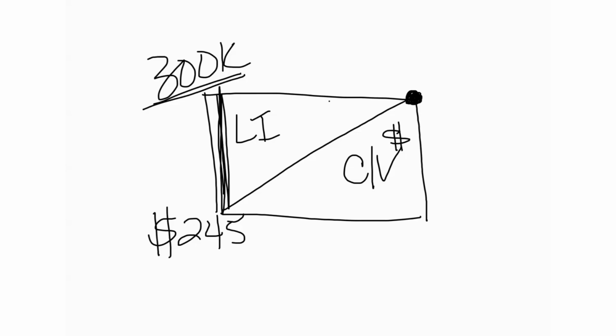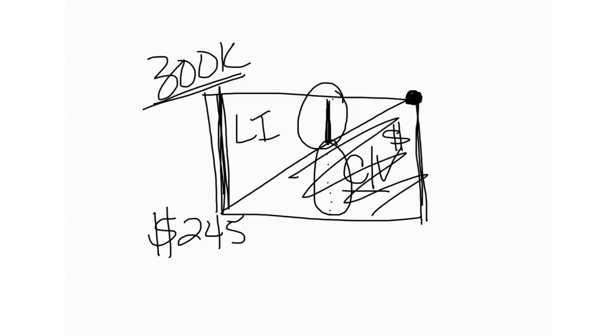But if I die here, I still get 300,000, but 150,000 came from my death benefit and 150,000 came from my cash value. If I died here closer to 100, I'm still getting my 300,000, but really I'm just getting my cash value back. So if I covered up this, what does this look like? This one right here, this little triangle.